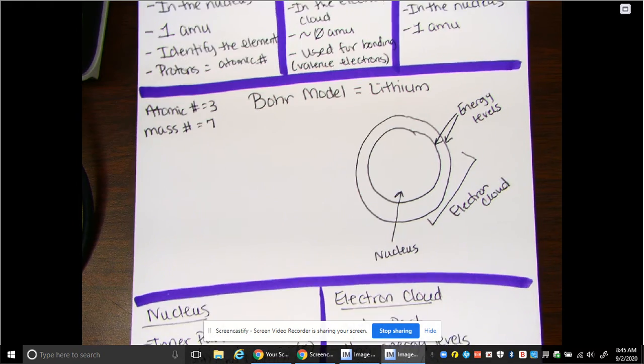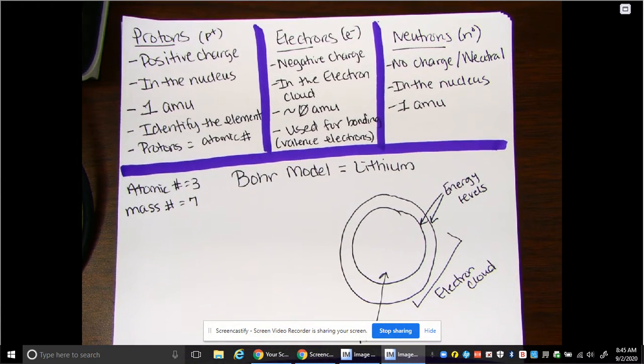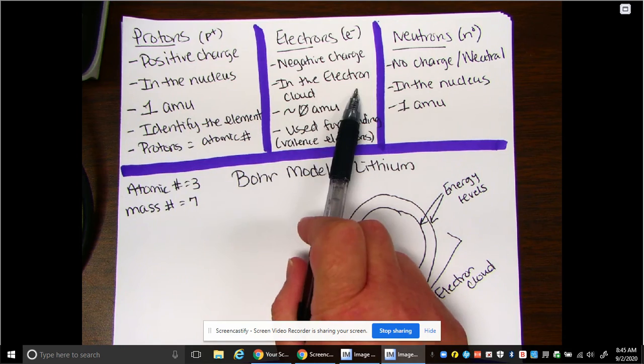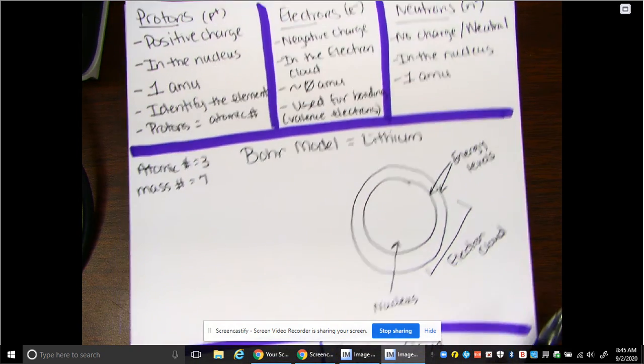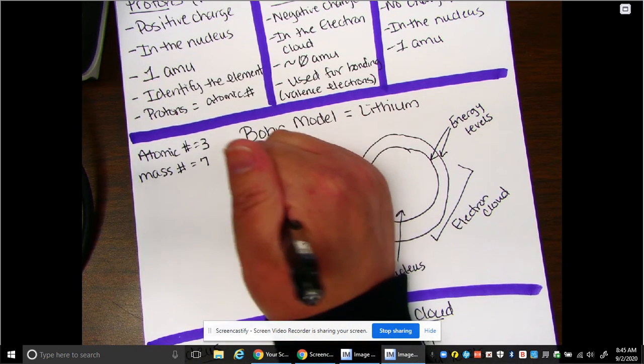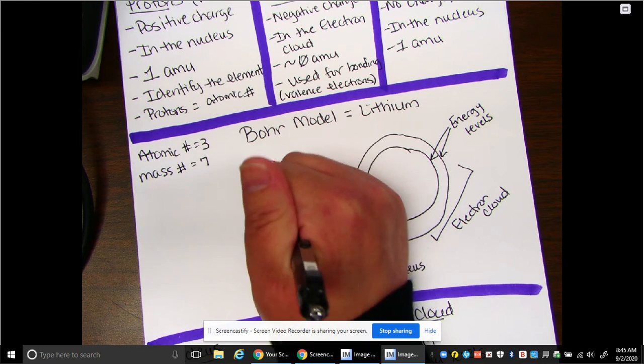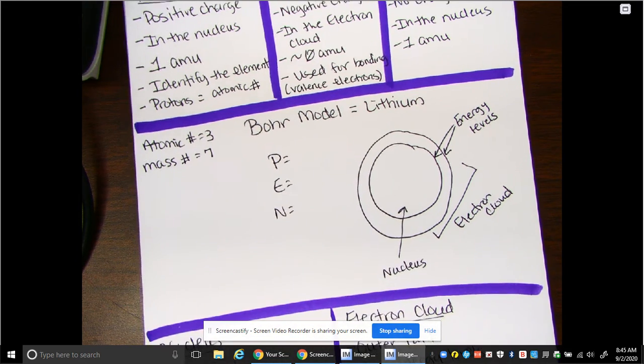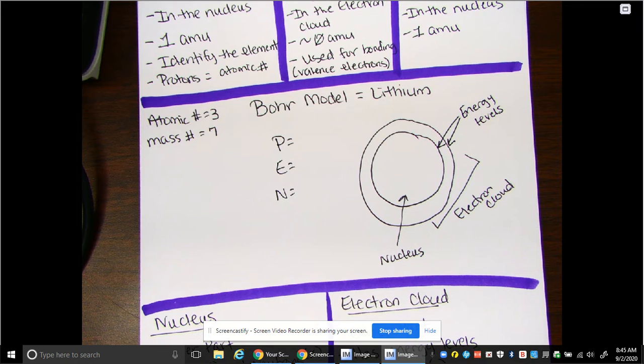So what has to go in an atom? Well, I need to have my protons, my electrons, and my neutrons. And I like to say PEN. We need to find PEN. P-E-N. Protons, electrons, neutrons. In order to find PEN, we use a little calculation device called APE MAN.